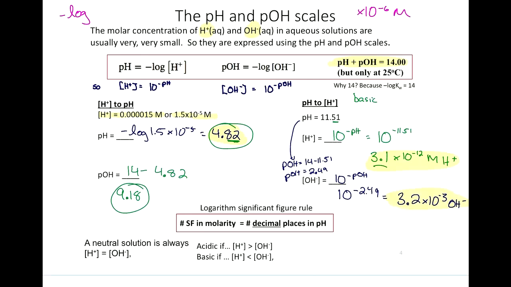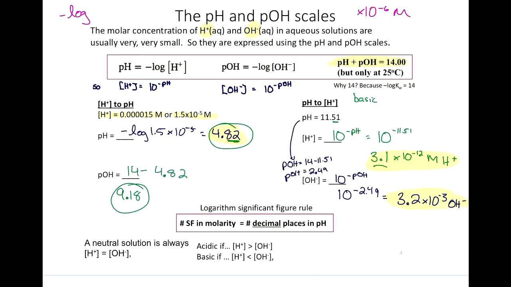So tell me, given the answers we just got, H plus and hydroxide, which substance is more present? Which one has the higher concentration, hydroxide or H plus? H plus? Now, look at the exponent on the 10.